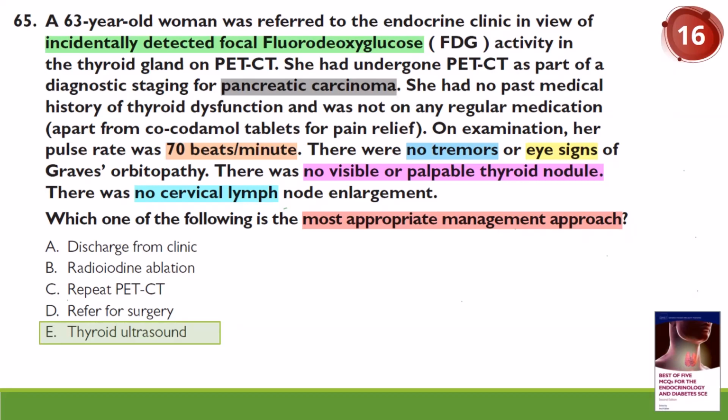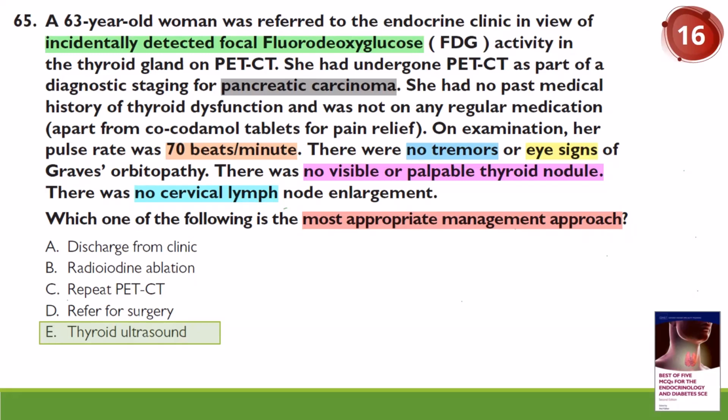If thyroid sonography in this situation shows a thyroid nodule, what is the next step? Fine needle aspiration in a case of normal or elevated TSH. Don't forget, if we find a thyroid nodule, we should check TSH. If TSH is normal or elevated, the second step is fine needle aspiration cytology.